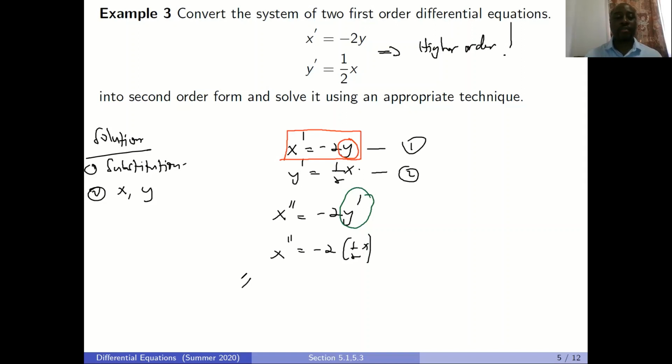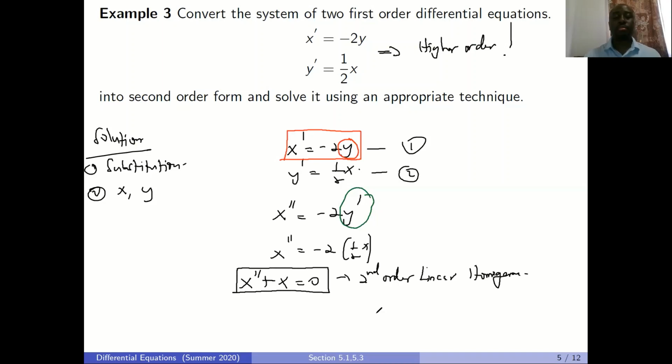Right? And now I have an equation x prime prime plus x is equal to 0 solely in terms of x. This is a second order linear homogeneous equation. Right? And this we can solve very happily. So once we solve this equation using the methods that we've studied so far for x, once we get x, we can always come back and find y.